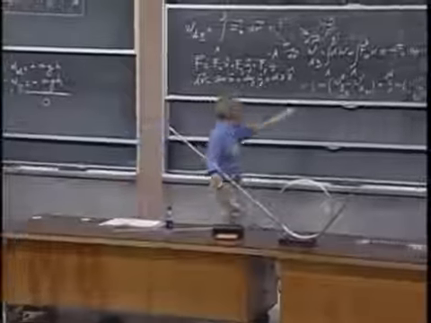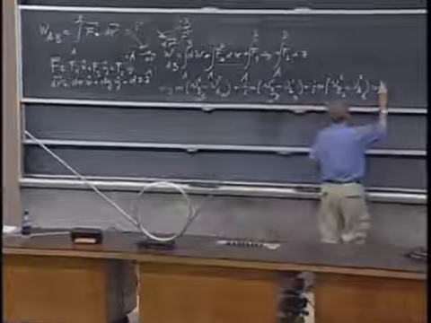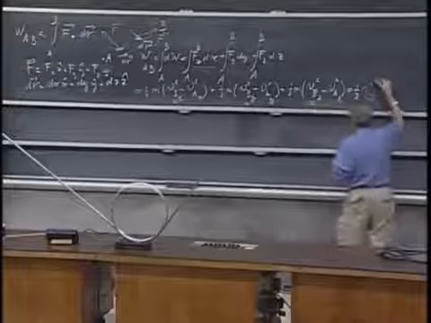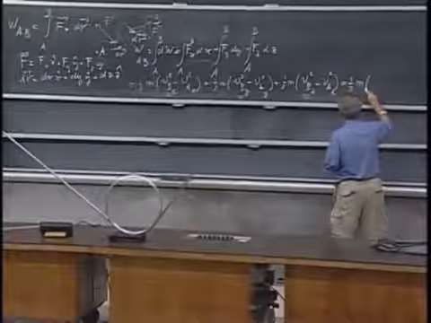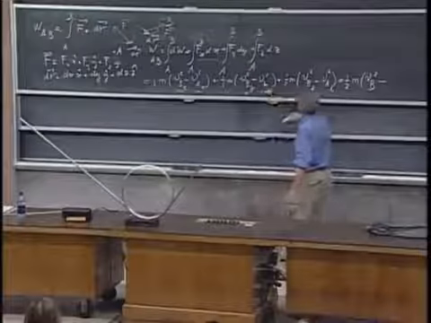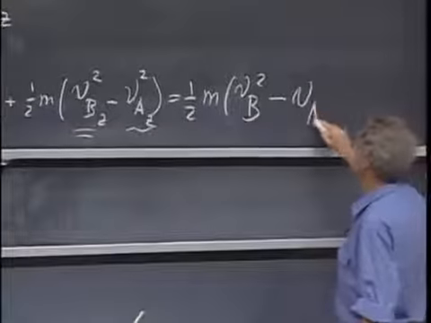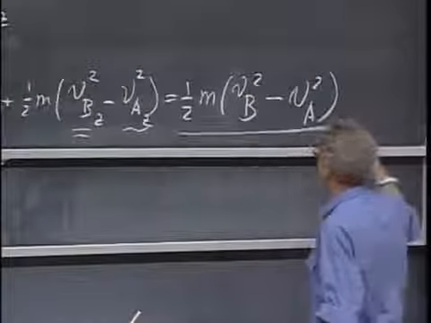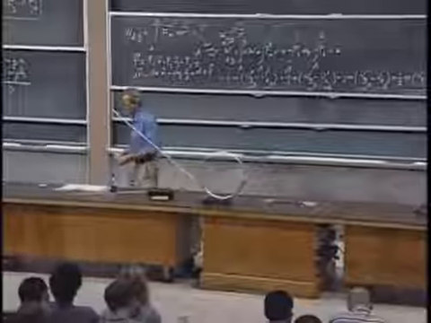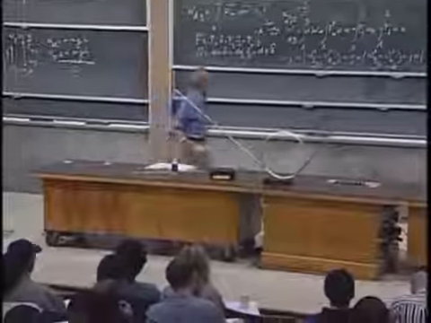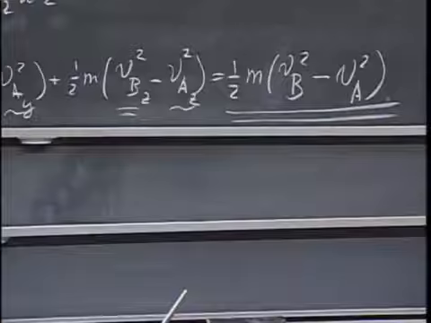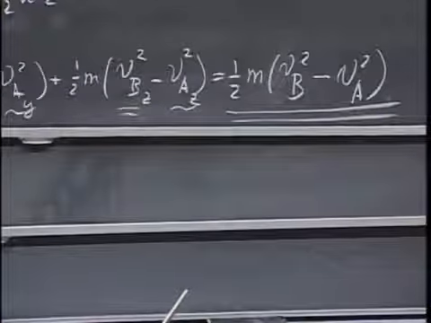So if you add up these three terms, you get 1/2 m times vb squared, oh, I lost my m, let me put my m in there, minus 1/2 m va squared, and you get exactly the same result that you had before, namely that the work done is the difference in kinetic energy. You can always think of these as speeds. Velocity squared is the speed. It's the magnitude squared of the velocity.